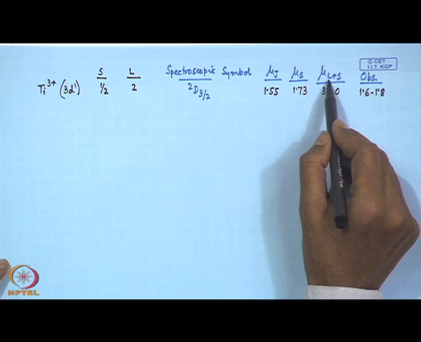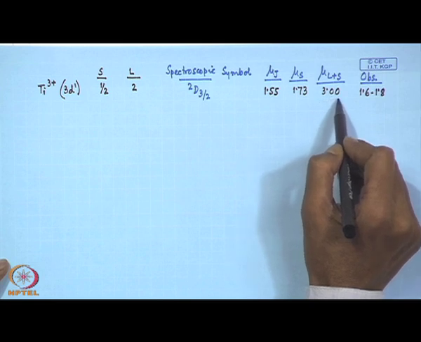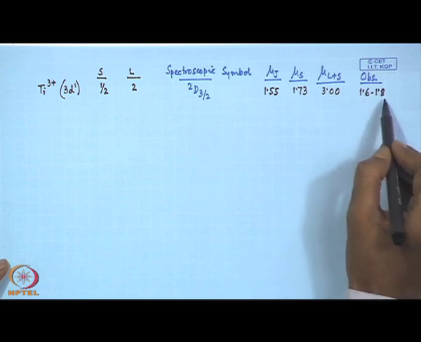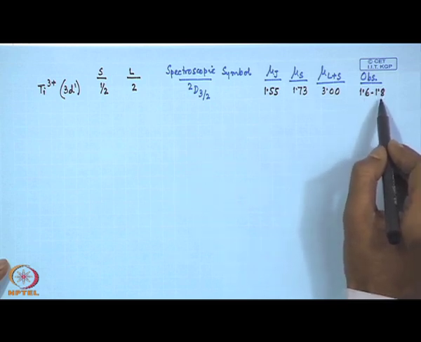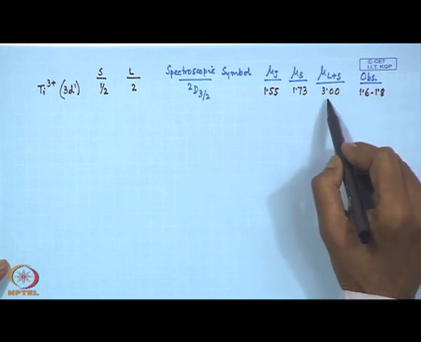But if we consider that the orbital contribution is there, that the L values also contribute towards the magnetic moment, then the upper limit of this magnetic moment is equal to 3. That means, if orbital contribution is there, our total magnetic moment can go beyond the spin only value and can reach up to a magnitude of 3.00.